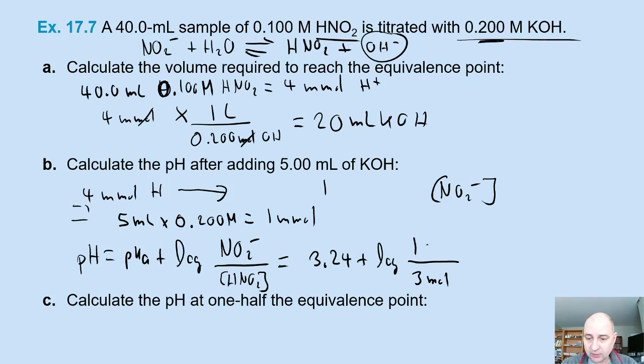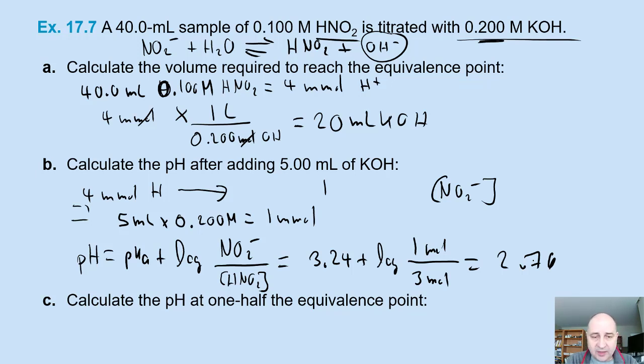All right, so this is 1. So therefore we get a pH of 2.76. This is 1/3. The log of 1/3 is like negative 0.4 something, and that's how we get the pH of that solution.